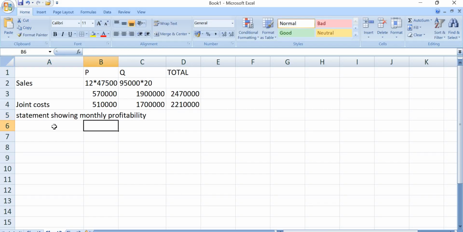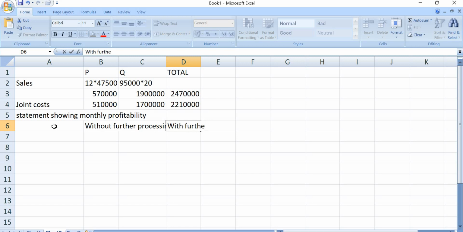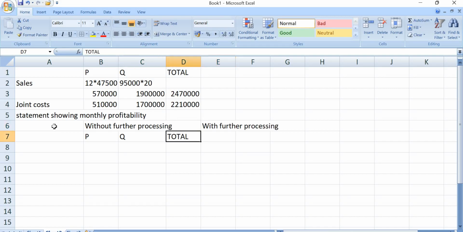We are going to prepare it without further processing and with further processing. Without further processing, P, Q and total. With further processing, S, Q and total.